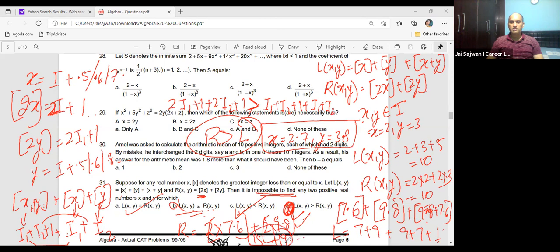So 19 plus 15 will come out to be 34 is the value which is coming. Is it fine? While this is coming out to be 9 plus 7 is 16, 32 plus 1 is 33 is the value. So I know that Rxy is greater than Lxy, L can be less. So when you are saying they are not equal, yes, when R is more than L, the values will not be equal. Clear?